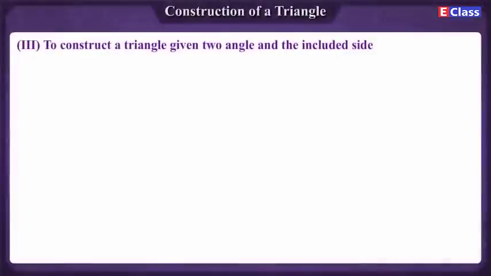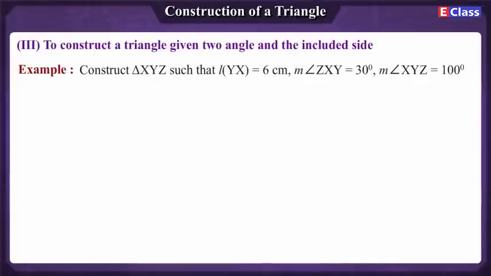3. To construct a triangle given 2 angles and the included side. Example. Construct triangle XYZ such that length of YX is equal to 6 centimeters.